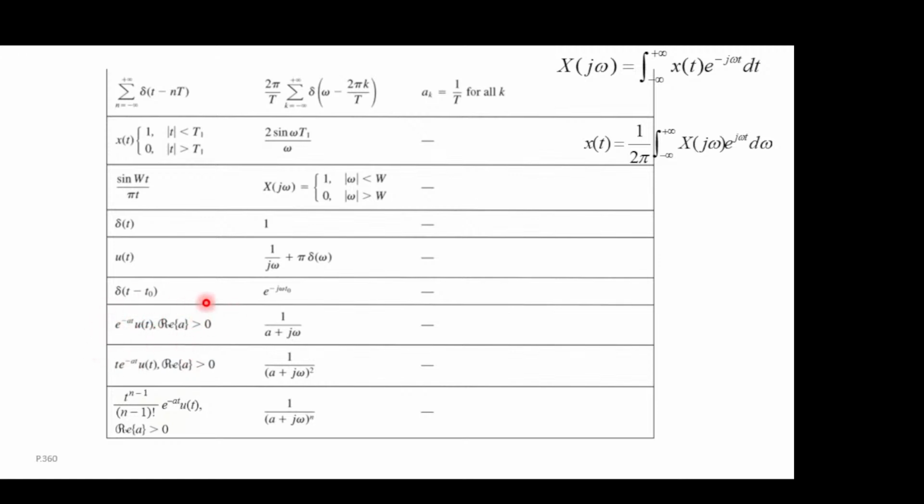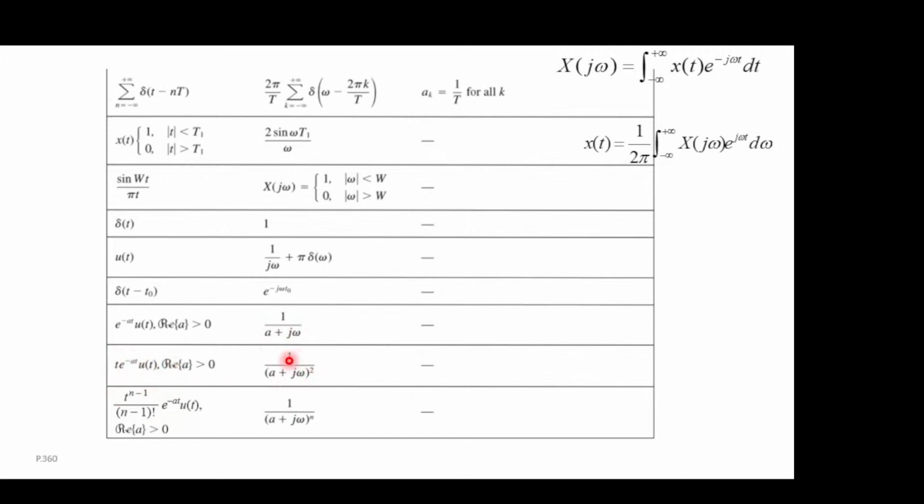We have seen this function has the Fourier transform 1 over a plus j omega, and this only converges when the real part of a is bigger than 0. And we used the differentiation property to derive that, so when you take the differentiation on this, you see that you get the time shifting property in the time domain.